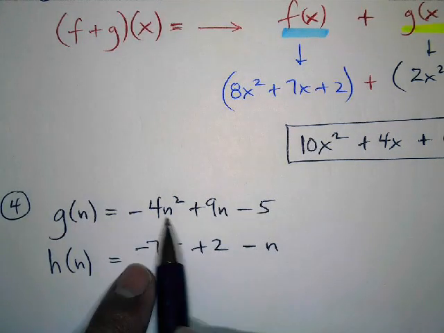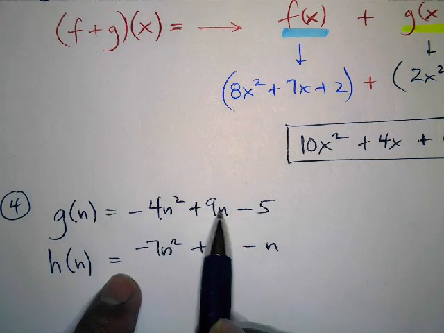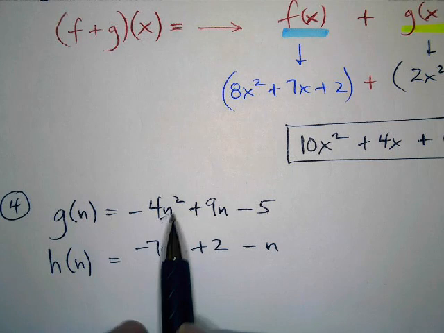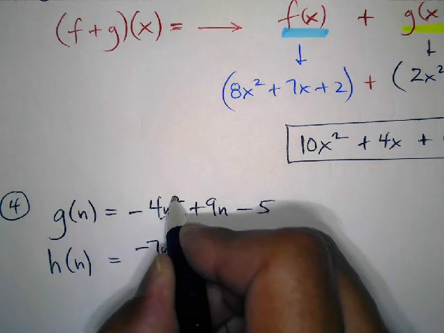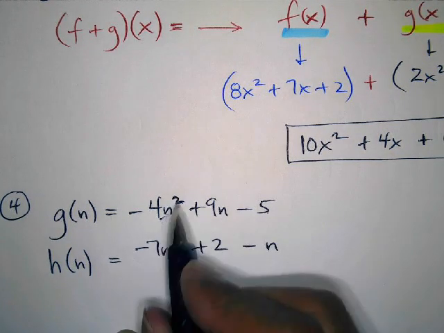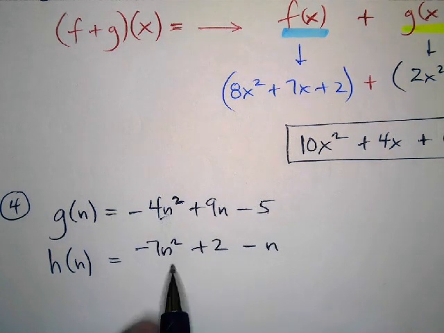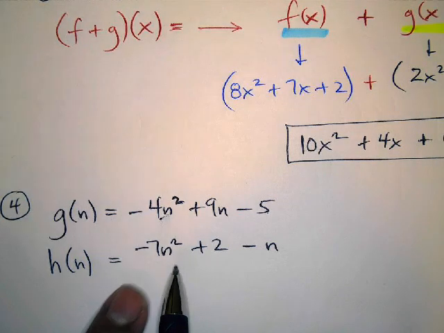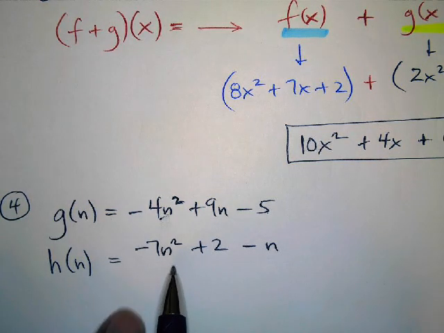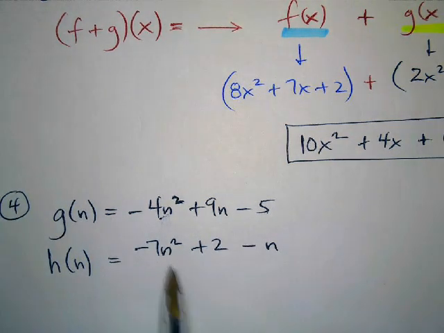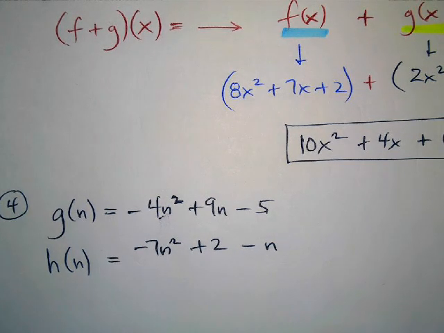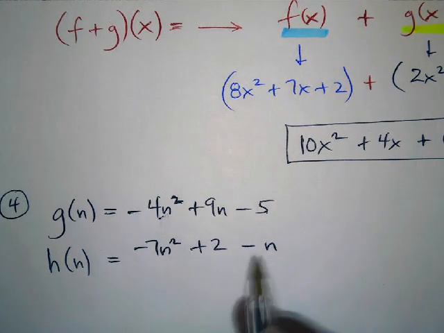If you noticed, I did something here on purpose, so they're going to do something here to mess you up. See, this one is in correct descending order. The polynomial is in correct descending order with the highest degree, the highest exponent, n squared, then n, then the number. Whereas this one, they wrote incorrectly. Maybe you want to fix it now.